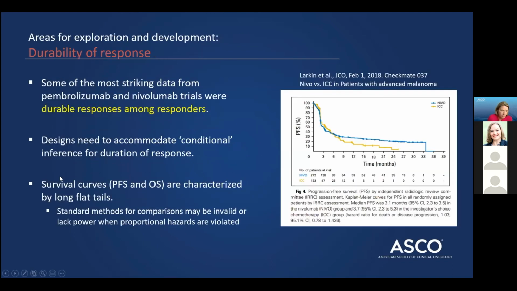One of the things that still comes up a lot is there's still a lot of talk about how do we deal with the fact that, in cancer, we're really interested in things like overall survival, progression-free survival, and these immunotherapies are great because we have this subset of patients who are having these durable responses.